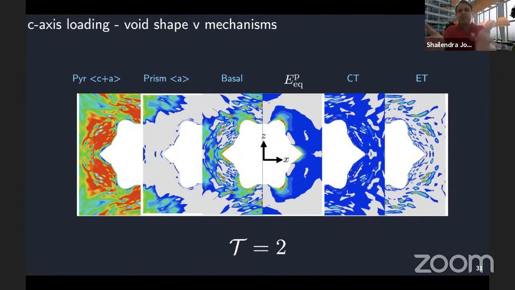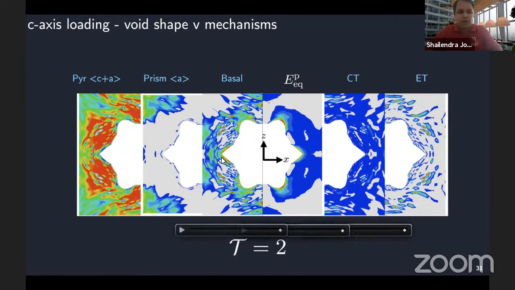We pretty much stop our simulations after this, because there is a significant amount of distortion of the finite element mesh at these sharp corners. Our simulations tend to stop, but we hit the Koplik and Needleman criterion for onset of void coalescence just before this sharpening occurs.